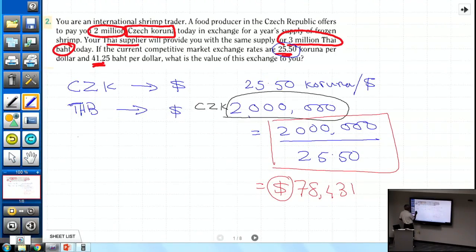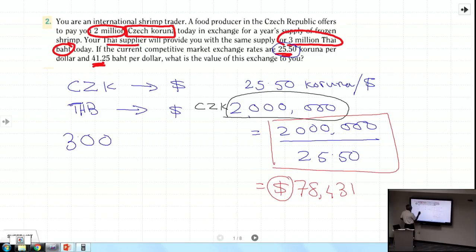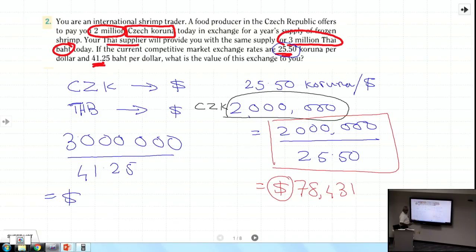We had 3 million in Thai baht. We will divide that by the Thai baht per dollar, 41.25, and that will give us $72,727 in round numbers in US dollar.